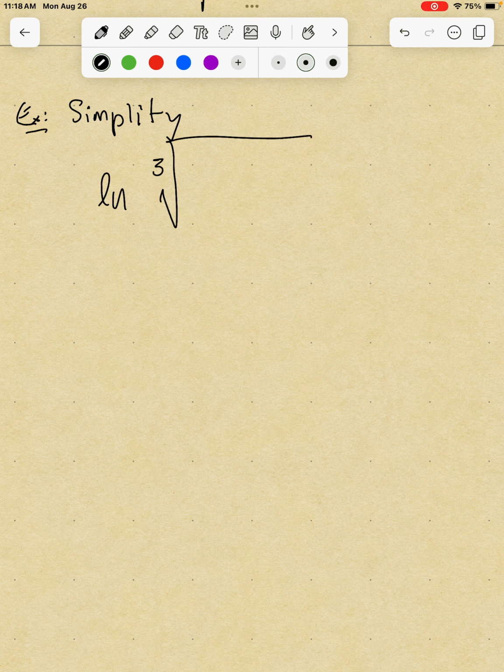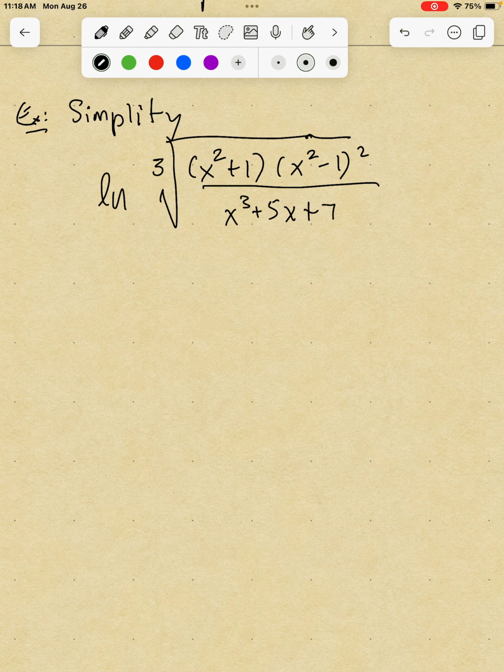So for instance, let's say that you wanted to simplify something like the natural log of the cube root of x squared plus 1 times x squared minus 1 squared over x cubed plus 5x plus 7. Okay, let's say you want to simplify this.